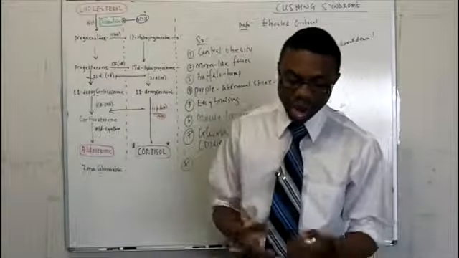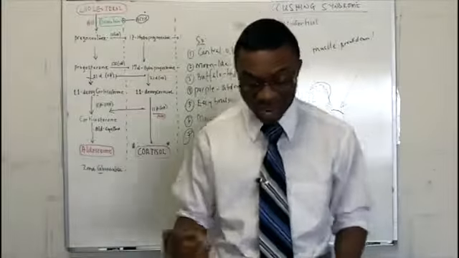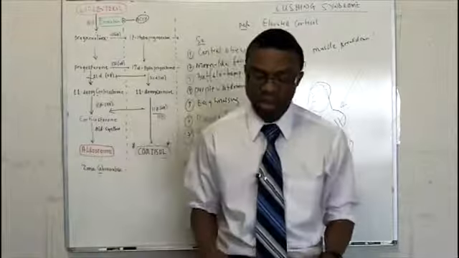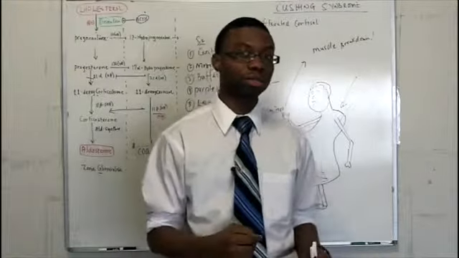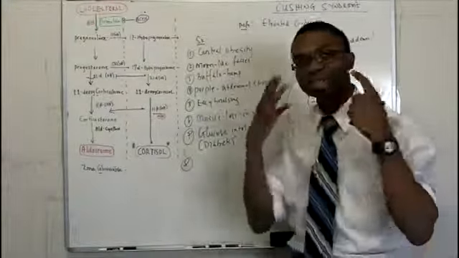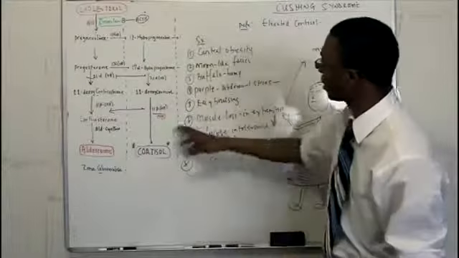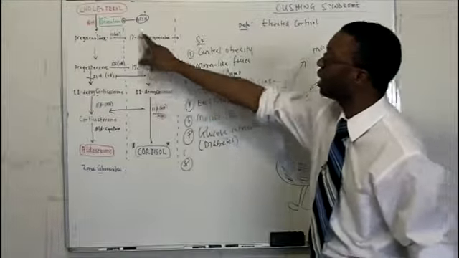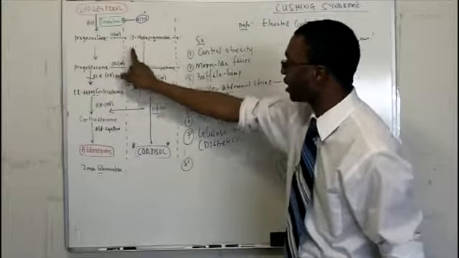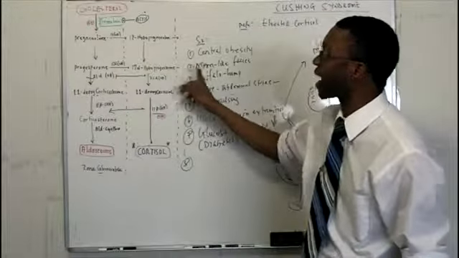Now, another problem with having hypercortisolism is what? Masculinization in females. Why do the women get masculine faces? Remember, this pathway, I told you, if you're making too much ACTH, this pathway is going to be cranking up a lot of what? Androgens.